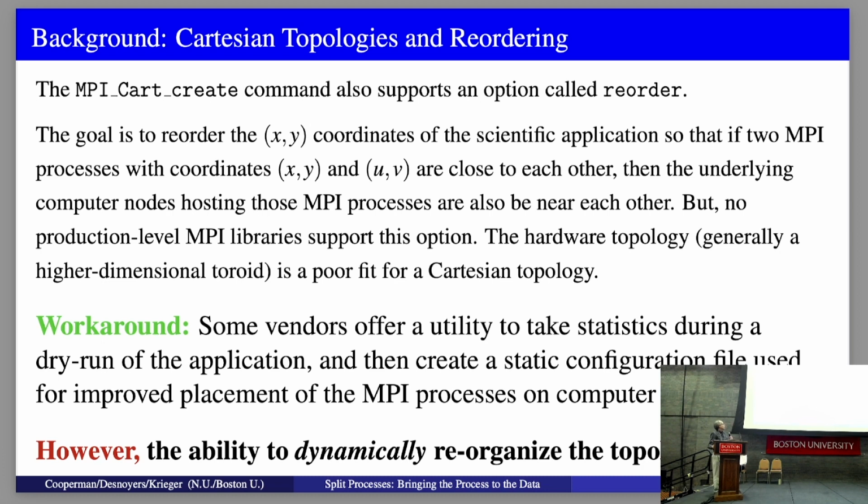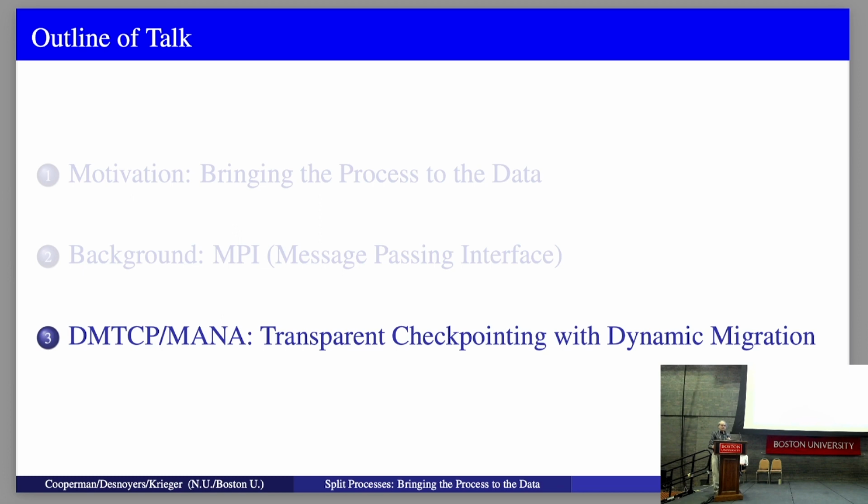So in green, we have the workaround where you would use a configuration file. In red, we see what the problem is, that we want to dynamically reorganize the technology. So now we come to the solution that was developed in the space of high-performance computing.